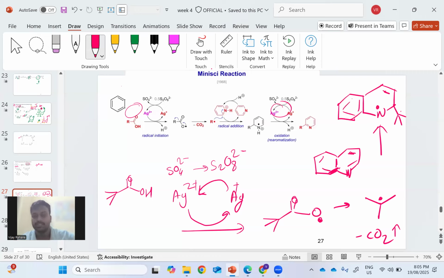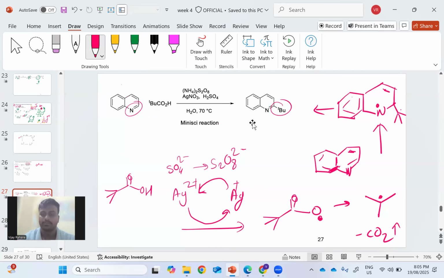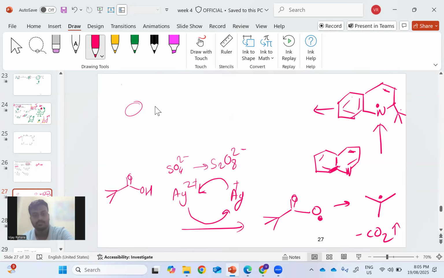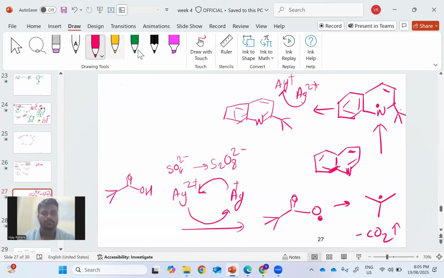So this product forms, and the last step takes the second cycle of Ag2+ to Ag. This is the product.